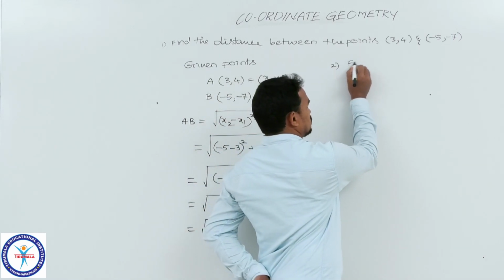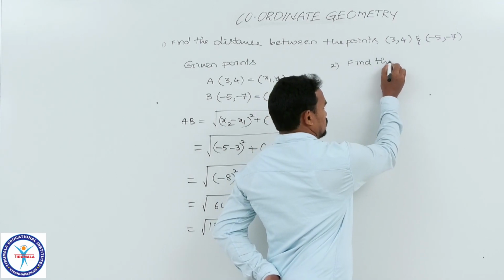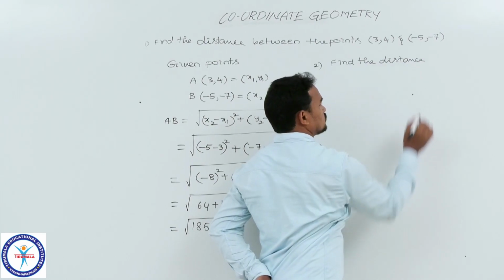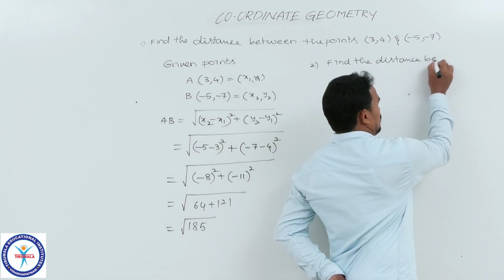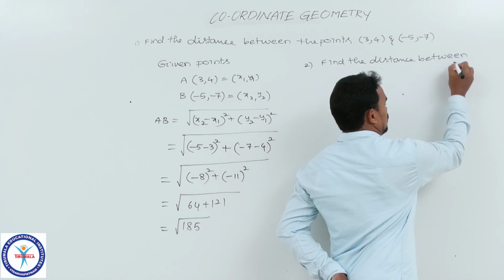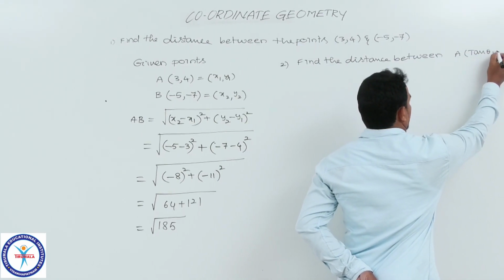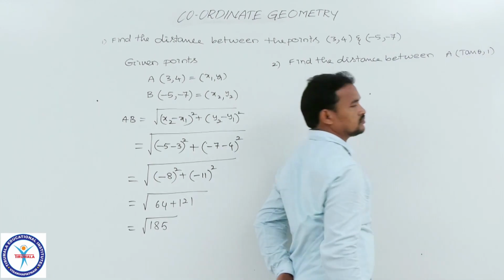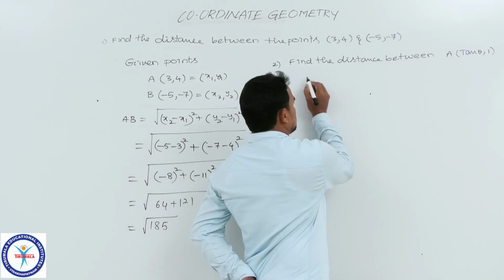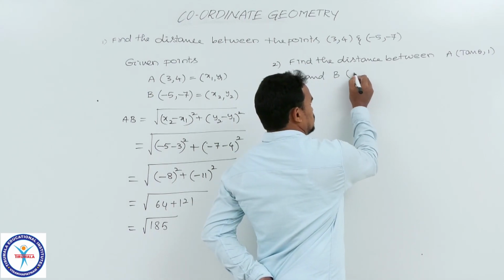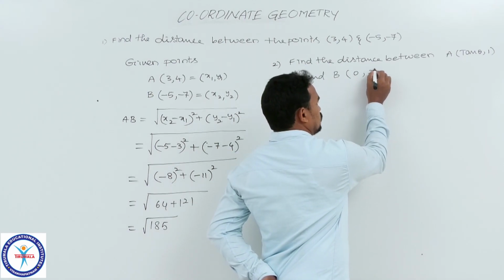Find the distance between A is tan theta, comma 1, and B is 0, comma 2.